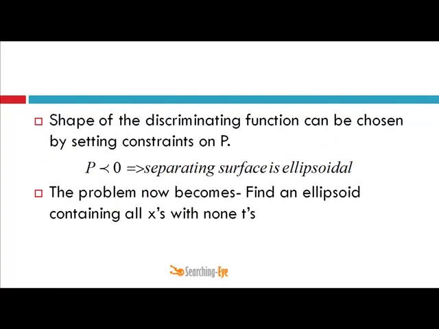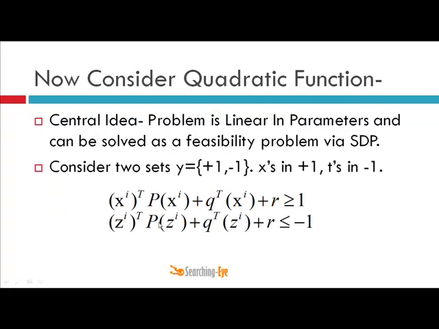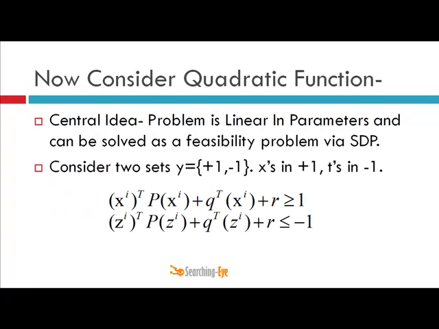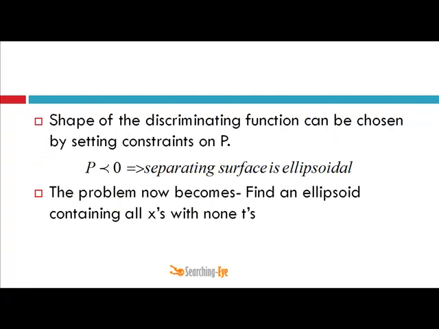The shape of the discriminating function can be chosen by setting constraints on P. Since we are interested in ellipsoidal surfaces for discrimination, we put the constraint that P is negative definite, so that the separating surface is ellipsoidal. Your constraint on P is negative definite. This will give you an ellipsoidal surface separating the two classes.